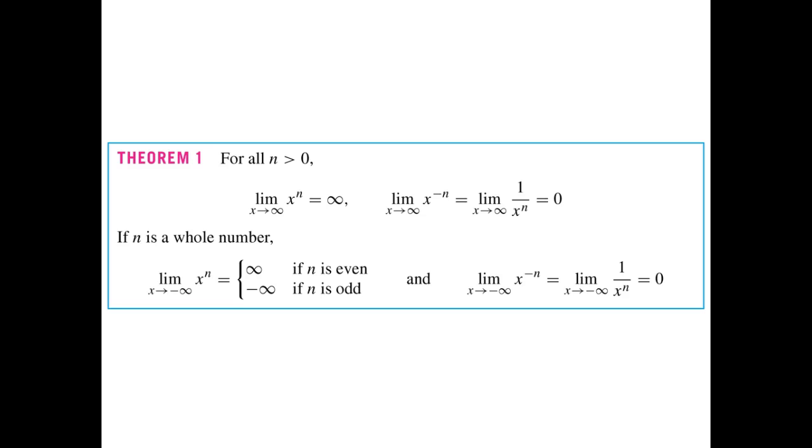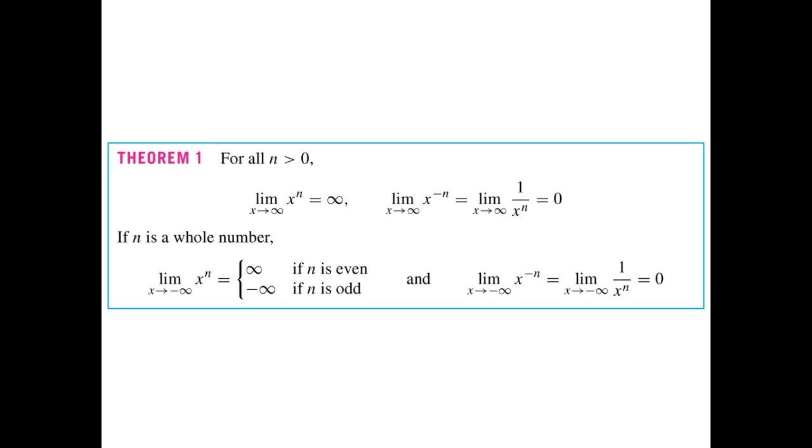on the other hand, the limit as x approaches negative infinity of x to the minus n, and again, n is a whole number. So that'd be 1 over x to the n. Well, guess what? Whether x is going to positive or negative infinity, 1 over x raised to a power, as x is going infinitely large or small, this is still approaching 0.